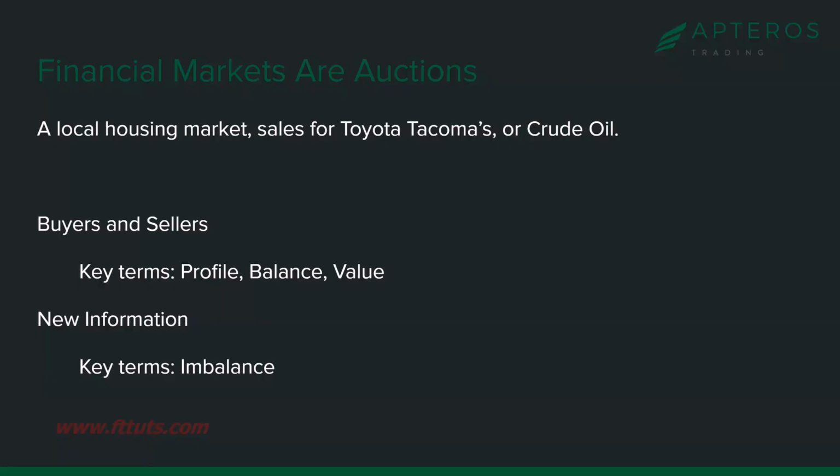Local housing market, buying and selling of inventory of houses. Toyota Tacomas, dealers having inventory, wanting to sell them for higher prices, buyers coming in, wanting to buy them for lower prices, supply and demand, blah, blah, blah. Or crude oil, like we said. We have buyers and we have sellers in any of these markets.